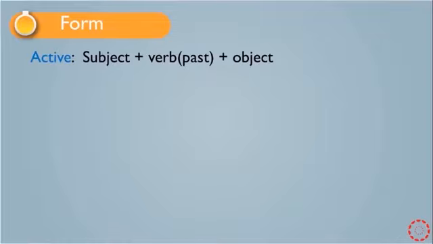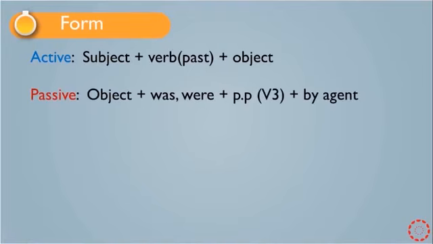So, what is the form of past simple passive? This is the active voice of past simple. We have the subject at the beginning, then the past verb, and then the object. When we want to change this active form to the passive one, we move the object of the sentence and put it at the beginning of the second sentence, in passive voice.